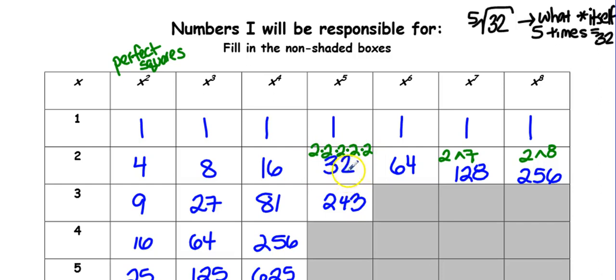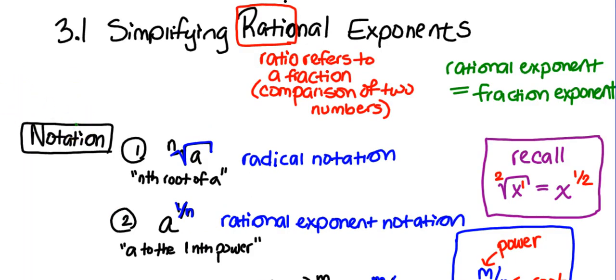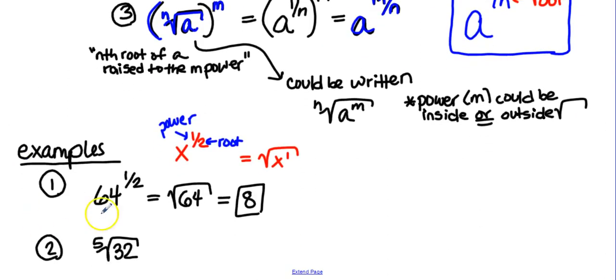So the fifth root of 32 is 2. Coming back to our notes. And I'm done. Let's look at number 3.